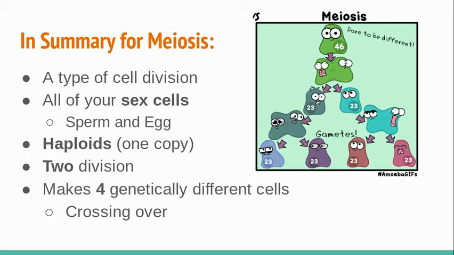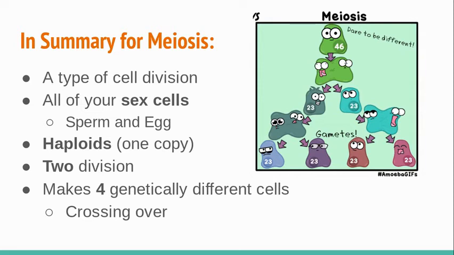These cells end with haploids, or this division ends with haploids, which means that they just have one copy of the chromosomes. So think about what it takes to make a baby. We have a sperm and an egg that come together, and we have 46 chromosomes in our body cells. So we have to make sure that our end product is 46 chromosomes.